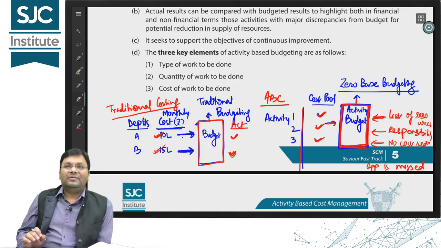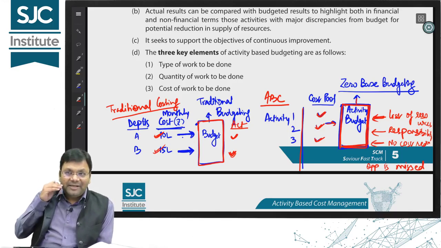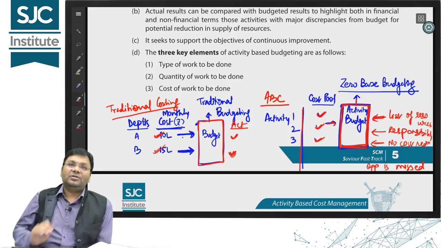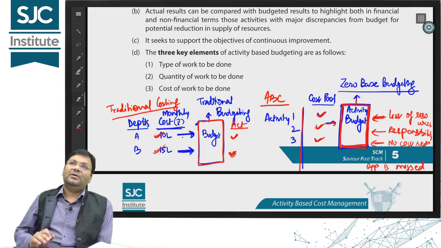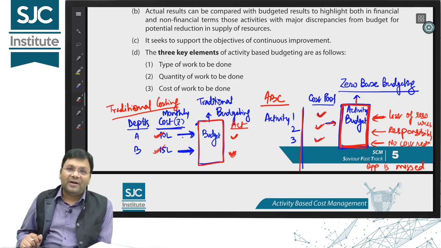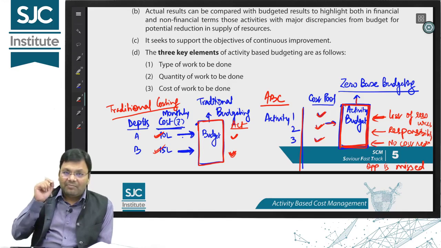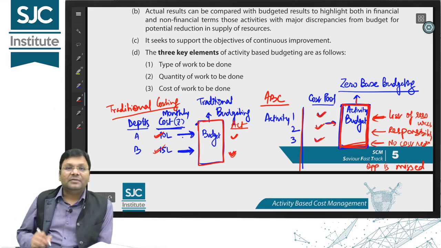You cannot say, okay, let us see at the end of the period what my activity cost is. You should pre-plan, you should know beforehand how much cost you are going to incur, and that should be the only cost. It's not like, okay, I will see what my cost will be. You should know your cost beforehand. Okay, that's about the activity-based budget.